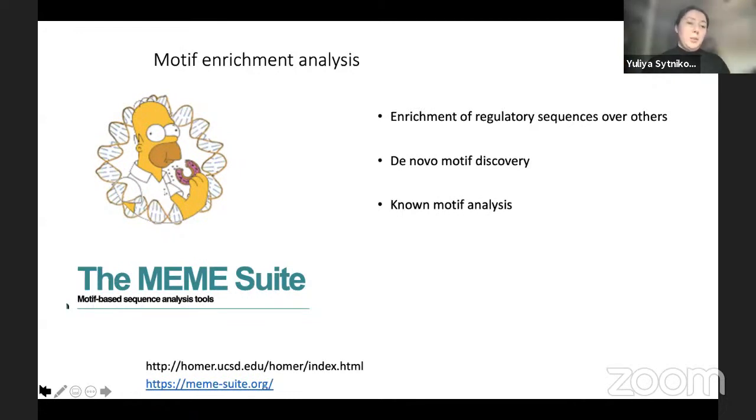And this is important to understand the actual regulatory pathways that govern gene expression, and basically to understand what transcription factor mediates opening of this region and activation of the surrounding genes. And this is usually done by motif analysis tools, either custom developed or the most popular, well used are Homer and MEME suite.